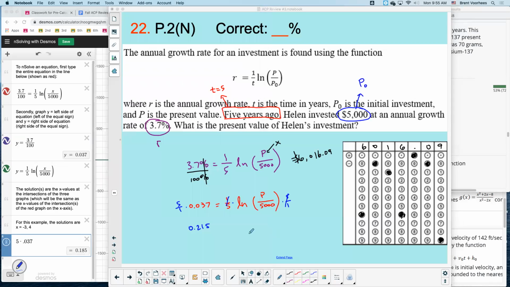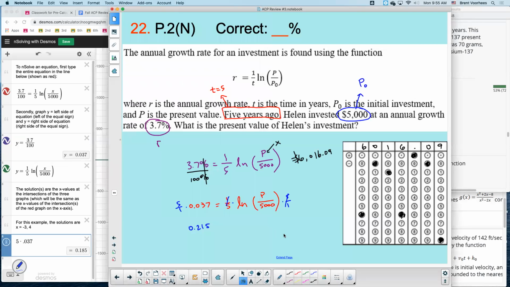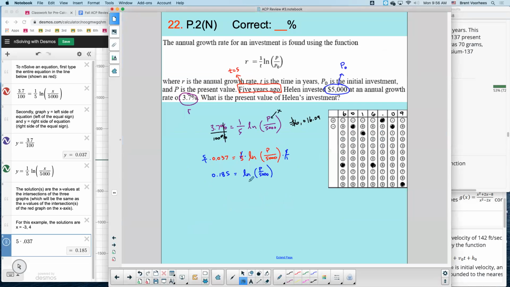Wow, I'm off. 0.185. 0.185 equals natural log of P over 5,000. And the way you solve a natural log is you convert it to exponential. A natural log means the base is E, so it's E, and these two switch. E to the 0.185 equals P over 5,000.